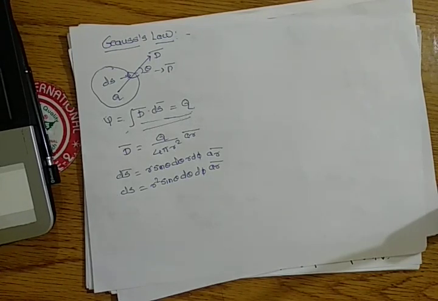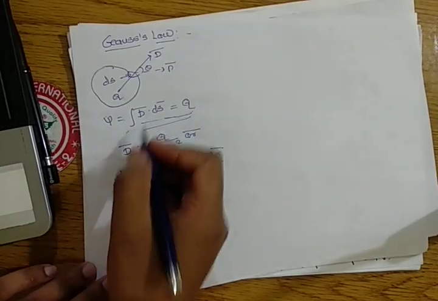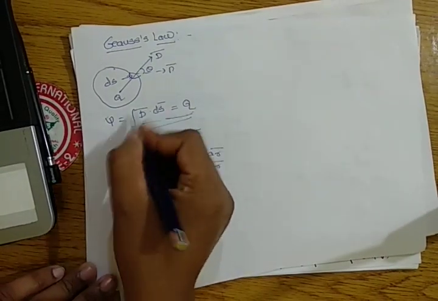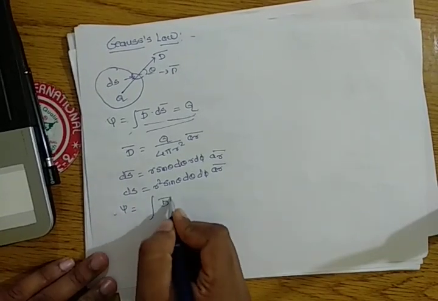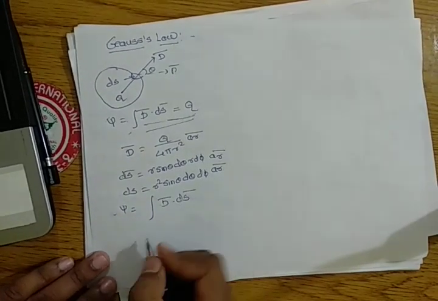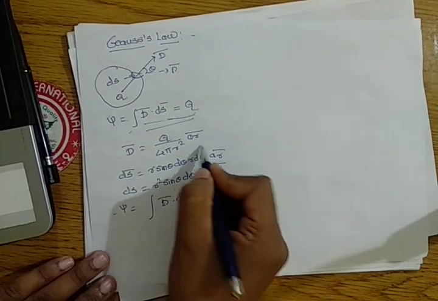Now we have to take psi into account, the left hand side. Psi is equal to integration of D bar dot ds bar. We know D bar and ds bar, which we have calculated.